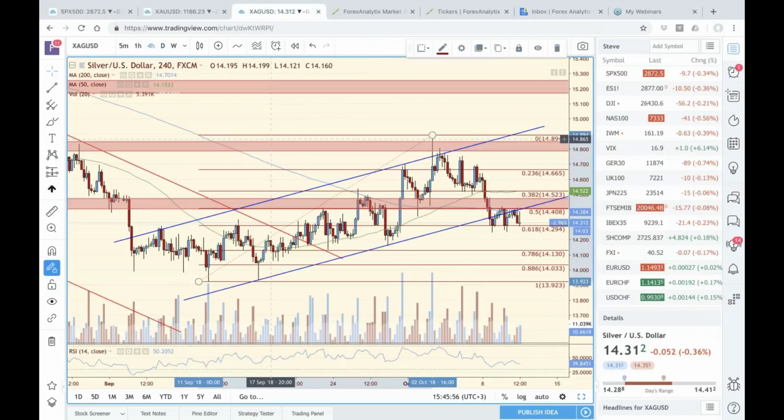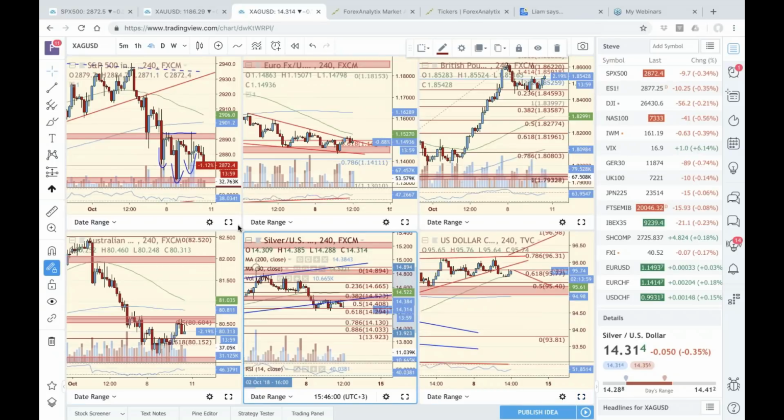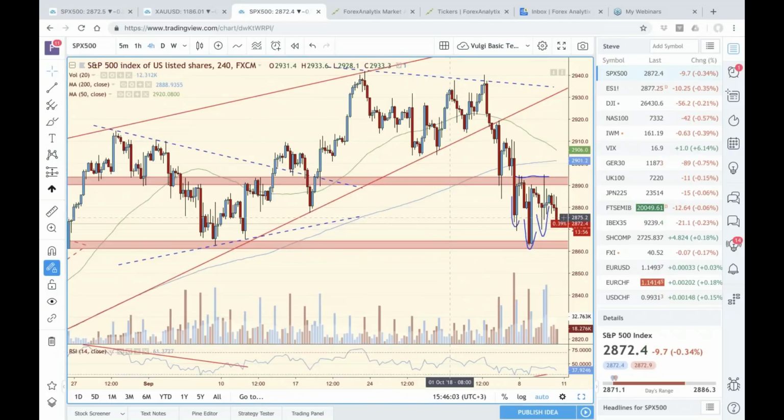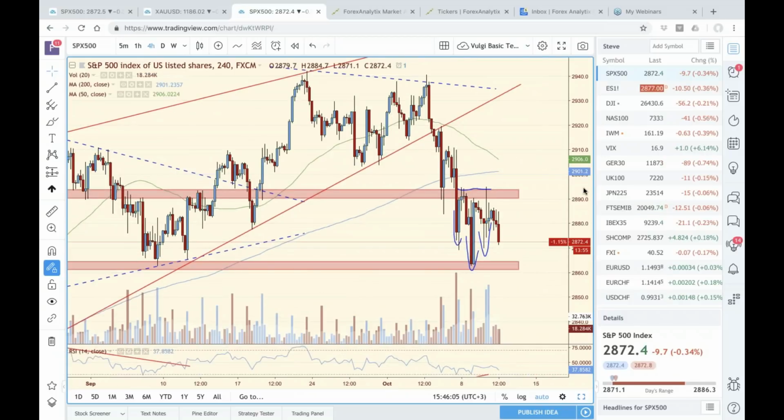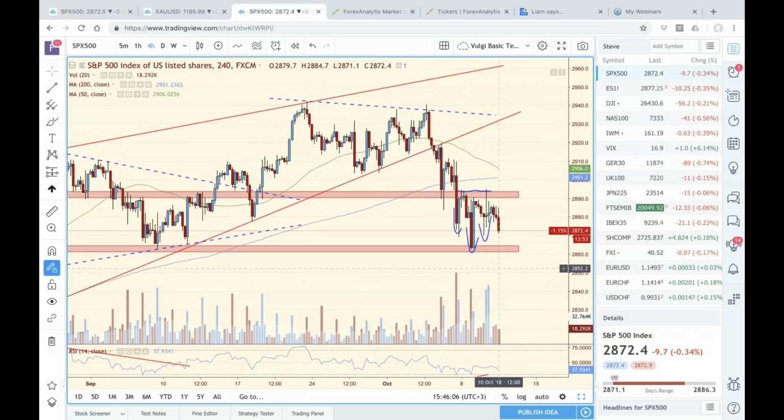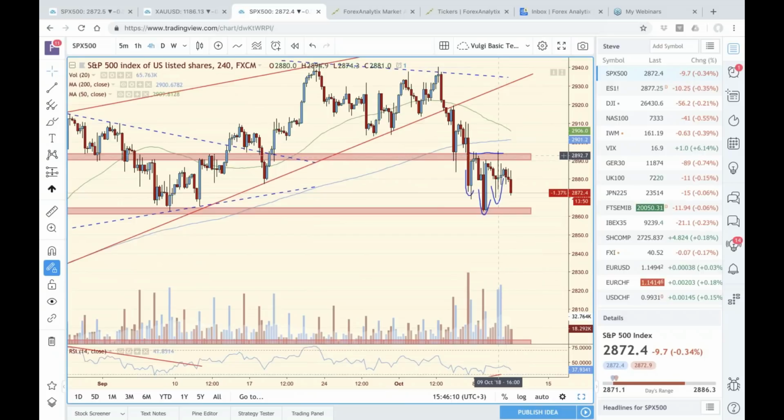And if I go down to the 4-hour chart, I even posted that yesterday on ForexAnalytix. As you see, we are trapped in this little zone. Yesterday, when we were testing the high of the zone, I wrote that there is a bullish case scenario, if that had proved to be an inverted head and shoulders formation.